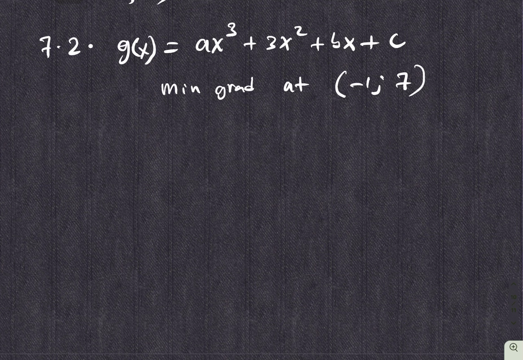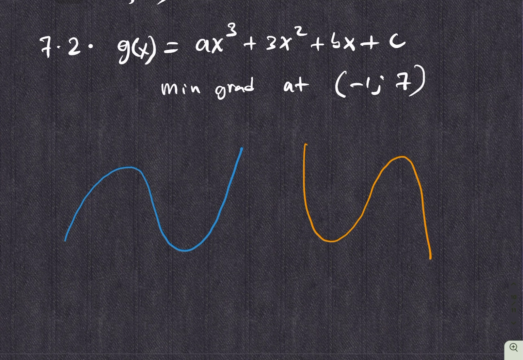Think about it. This is a cubic graph which is likely to behave like this if a is positive, and if a is negative, this graph is going to behave like this. So concave up is going to be influenced by the point of inflection.